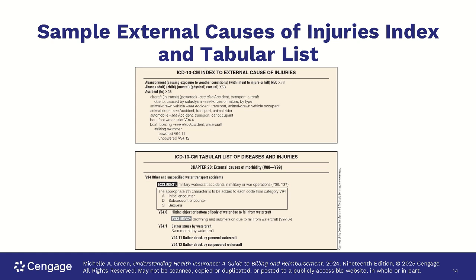Here, what you're looking at is a screenshot of the index to external causes. And you see the alphabetical index, and you see the tabular list. Same concept, you are going to always verify in the tabular list.